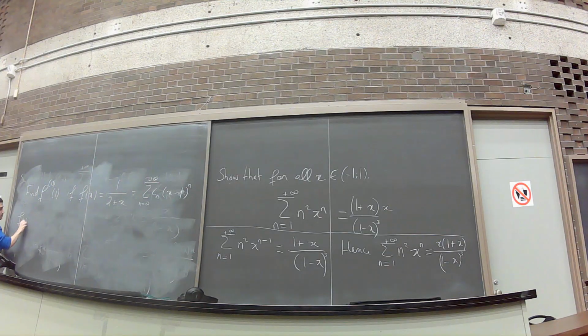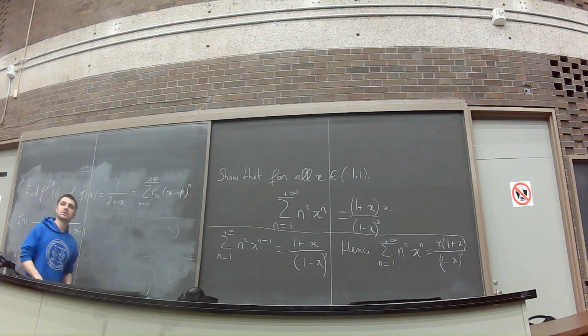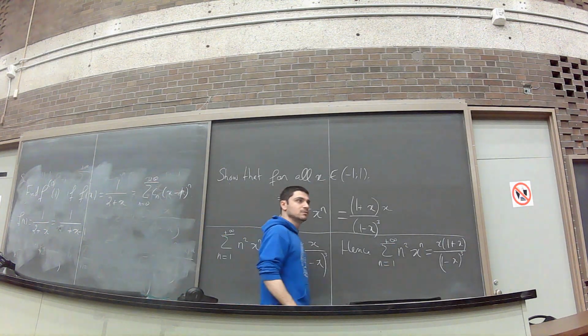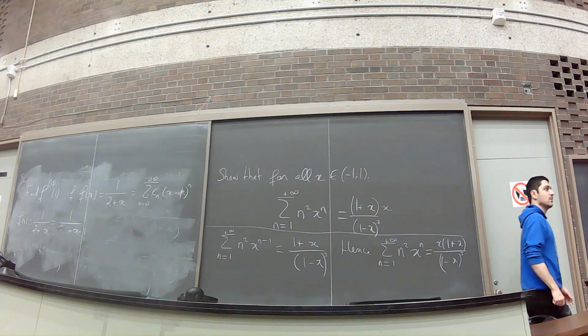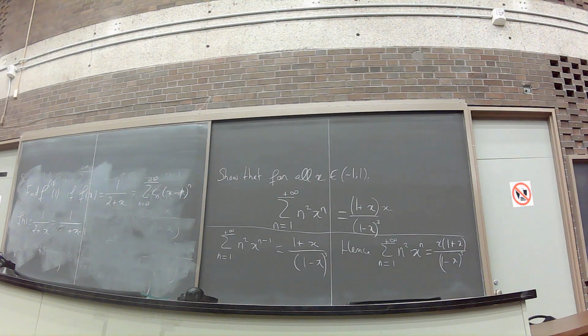So first of all, I want to write 2 plus x, I gotta let an x minus 1 appear here. The idea is that I want to let an x minus 1 appear and use the geometric series formula, 1 over 1 minus x.